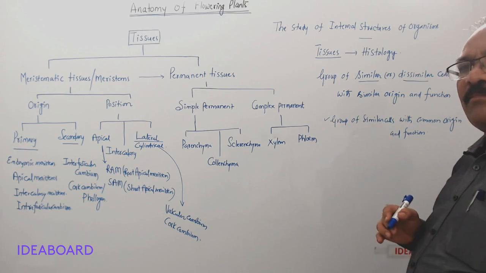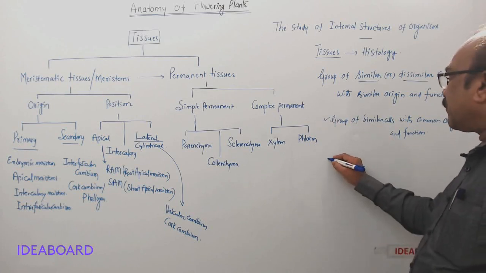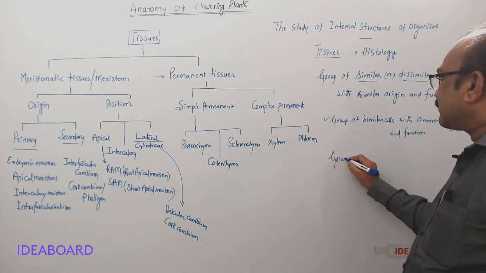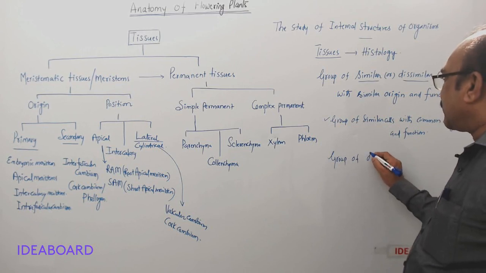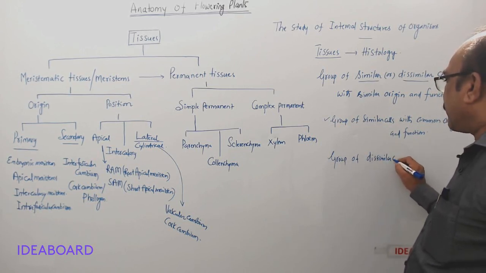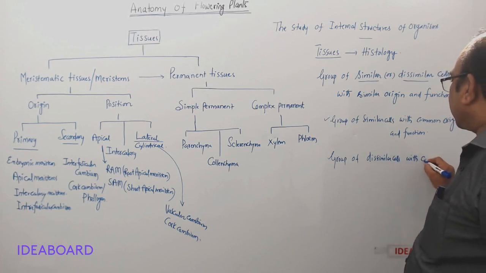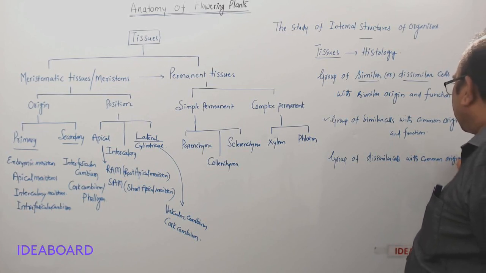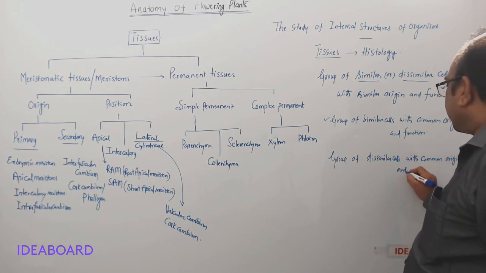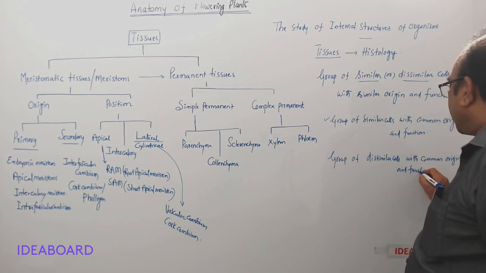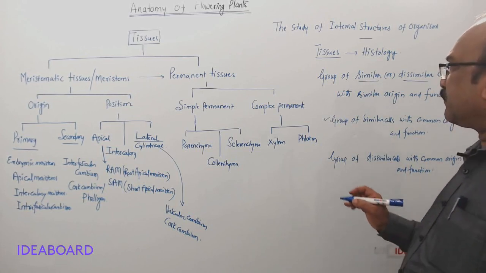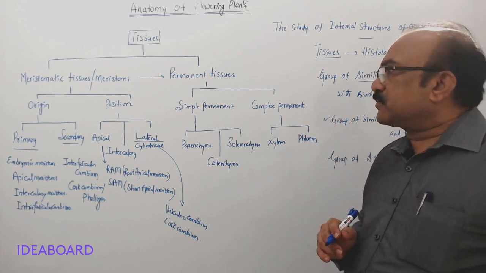Then what about the complex permanent tissues? A group of dissimilar cells with common origin and function will become complex permanent tissues.